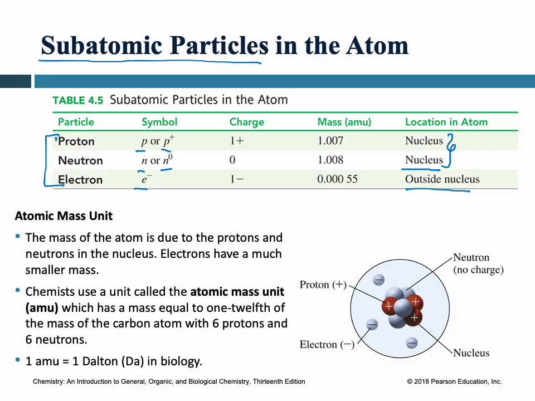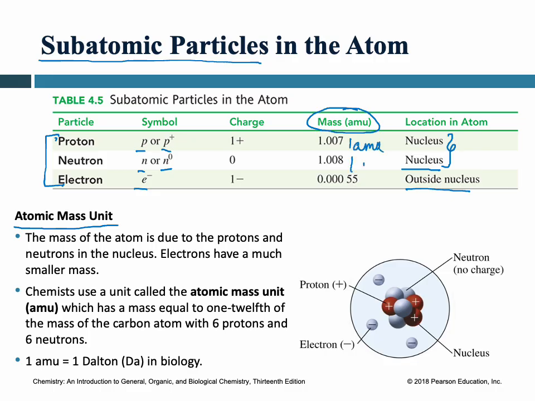The last thing is the mass of an atom. Because an atom is really tiny, when we talk about the mass of an atom, it's written in a different unit called AMU, which stands for atomic mass unit. The mass of the atom all comes from the nucleus. The protons carry a mass of approximately 1 AMU.